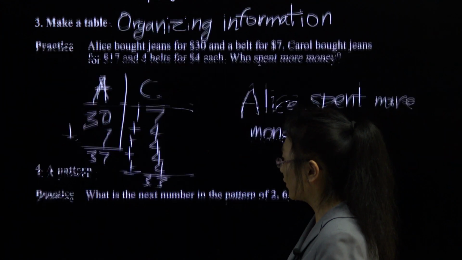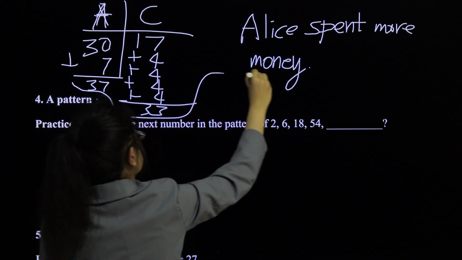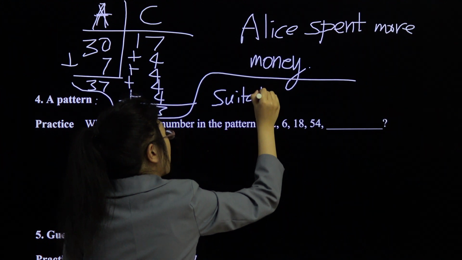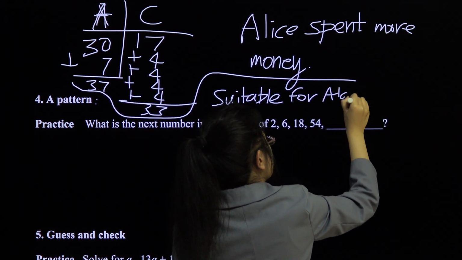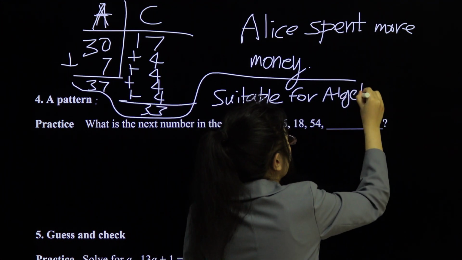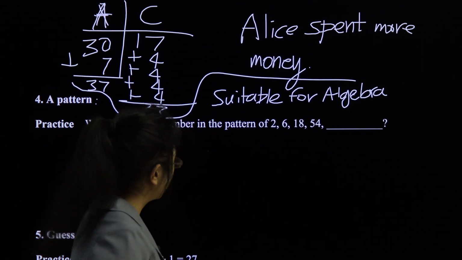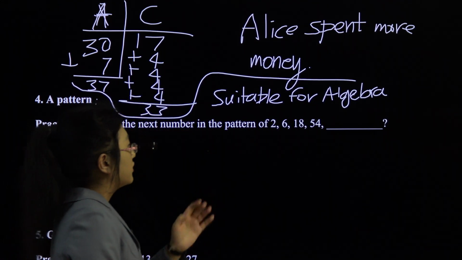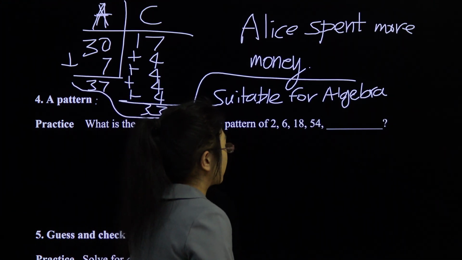Moving on, a pattern. So a pattern is suitable for algebra. There's a reason why it's called patterning in algebra. So what's the next number in the pattern of 2, 6, 18, 54, something?